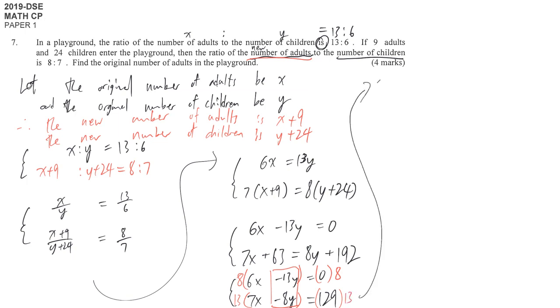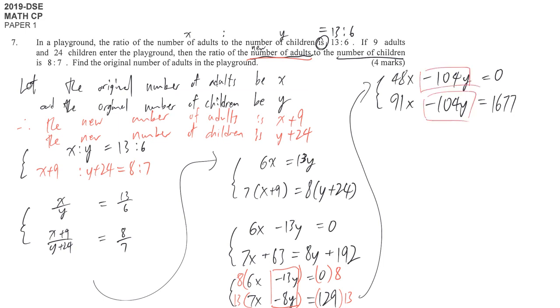Following this calculation, we have 48x minus 104y equal to 0. Below, 91x minus 104y is equal to 1677. And then we create exactly the same thing. That's why we'll use subtraction to eliminate it.